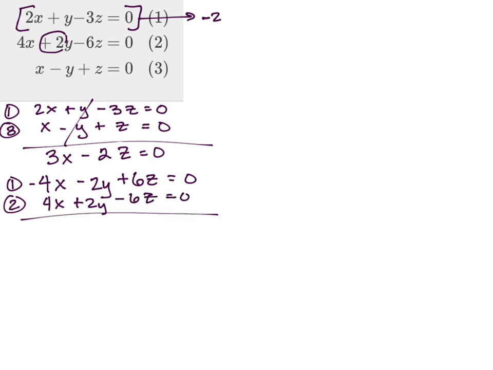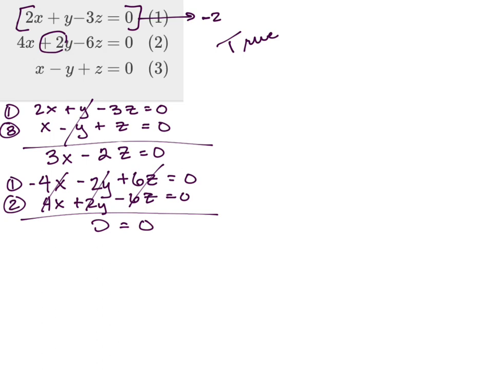What happens here? Everything cancels. We lost it all. So what's left on the left side? And what's left on the right side? True or false? True. So this is a case where it's the same line or the same plane. They intersect everywhere.